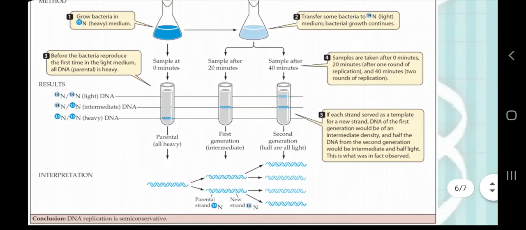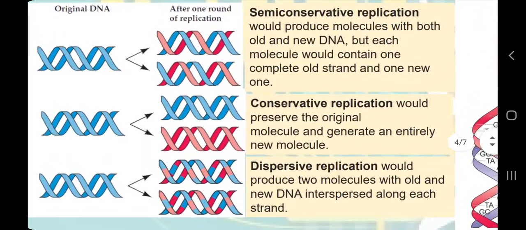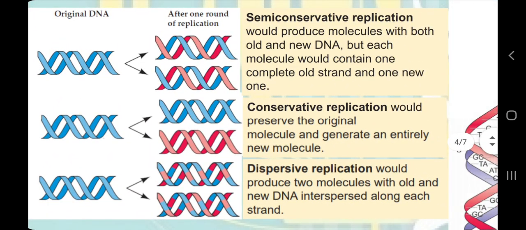To avoid the confusion between semi-conservative and dispersive. So in the first experiment they were able to say that the conservative mode of DNA replication doesn't happen. Why? Because there were no such bands at 14N or 15N. So the conservative mode of DNA replication is simply rejected.